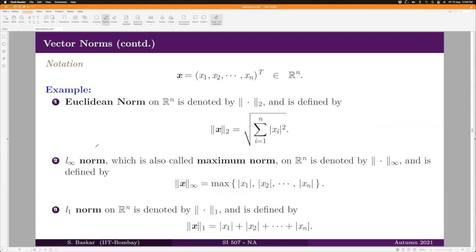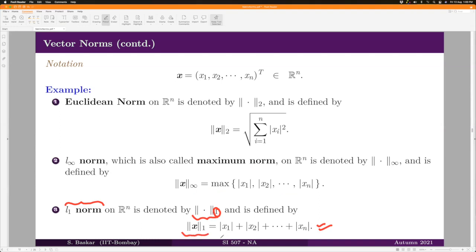The next example is called the L1 norm, and its formula is given by this. Its notation is norm suffix 1. Okay, so when you give any vector x to that norm, what that norm will do is take each component, take the modulus. Now it will add all the numbers, and that gives you the L1 norm.